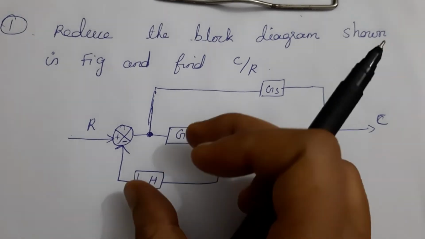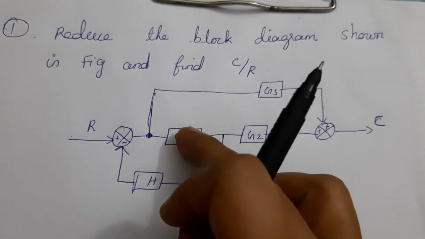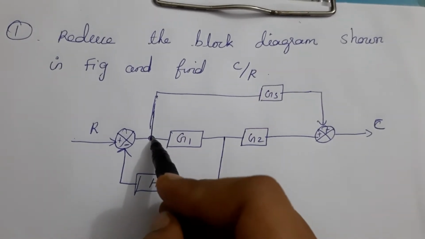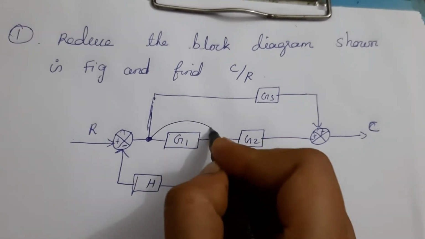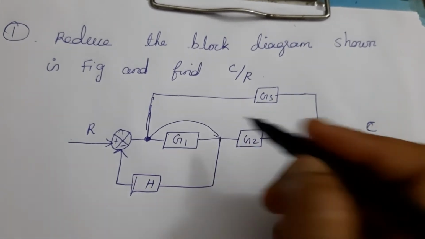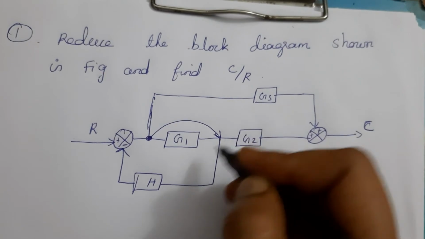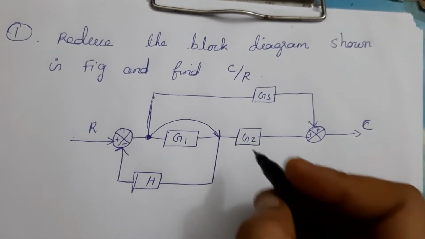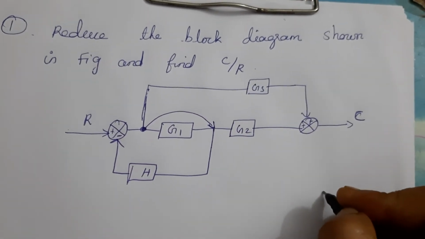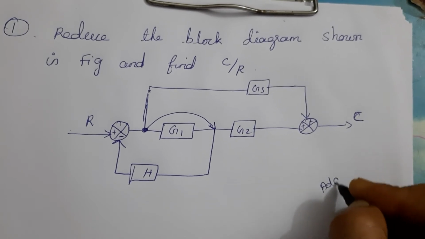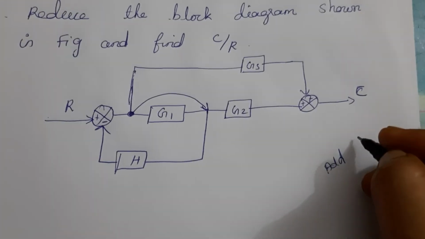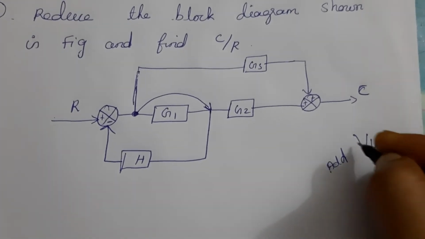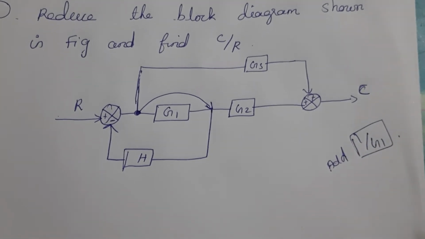So first we make a loop, only a loop with G1 and H. For that we move this branching point here. The condition for moving the branching point ahead of this block is we add a 1 by G1 block.